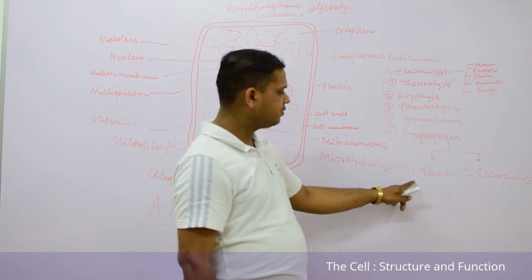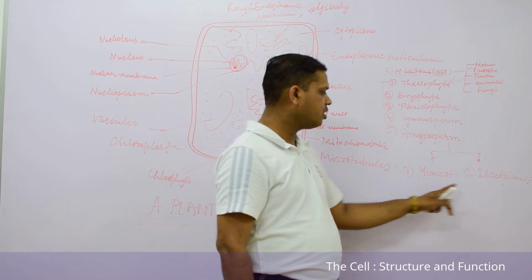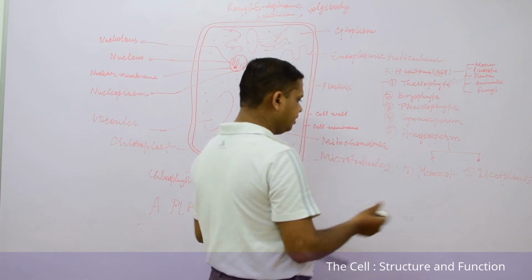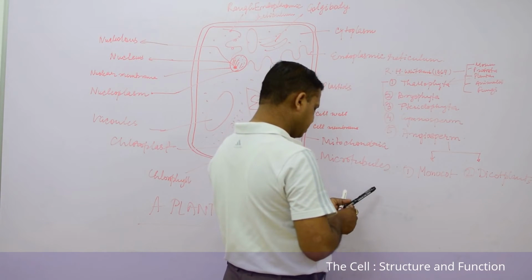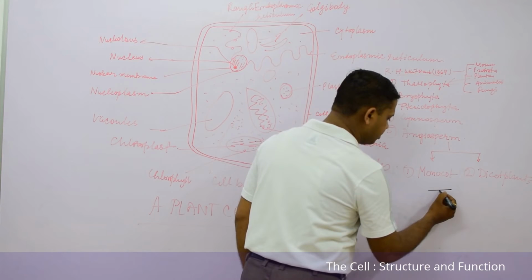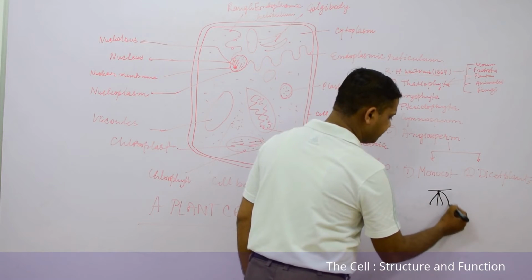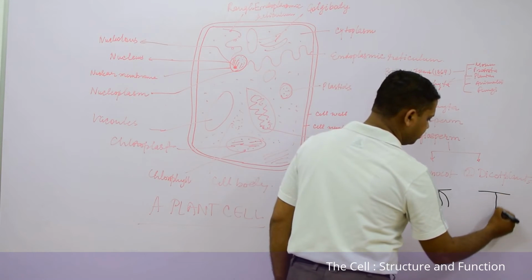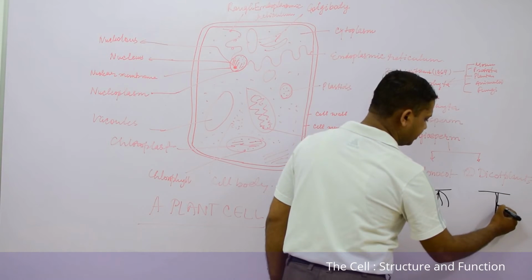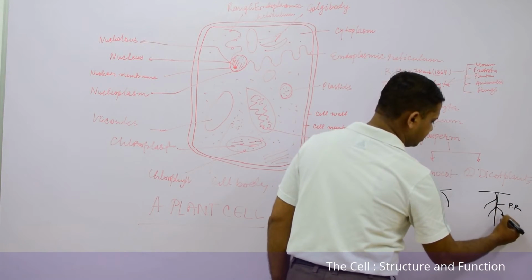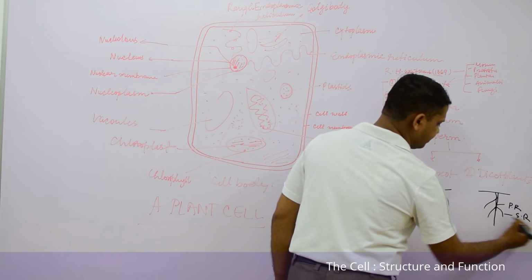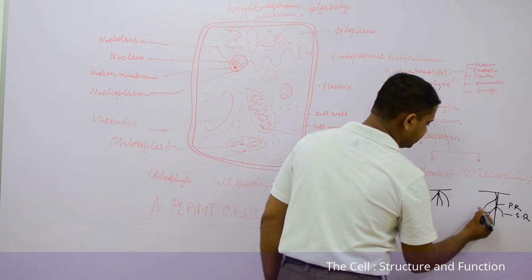When we compare the roots of monocot and dicot, we find that in monocot, basically the adventitious root is found, which is also called fibrous root. In the case of dicot, there is one primary root, from which secondary root formation takes place, and after that the tertiary roots.